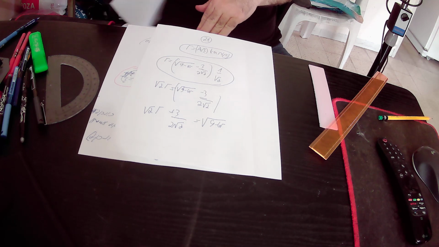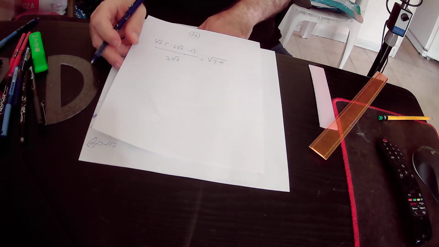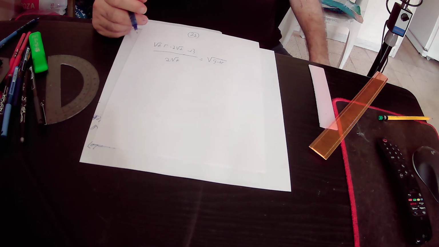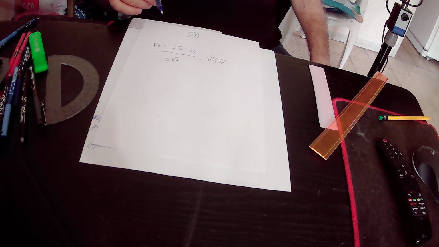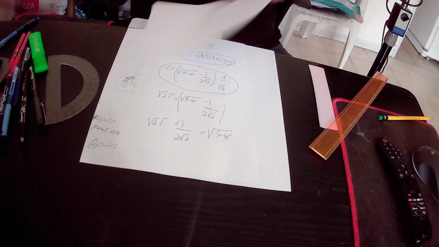Okay, this is what we got. Here we have root 2 times root 2 is 2, and 2 times 2 is 4. In total, we will have 4r plus 3 in the numerator.